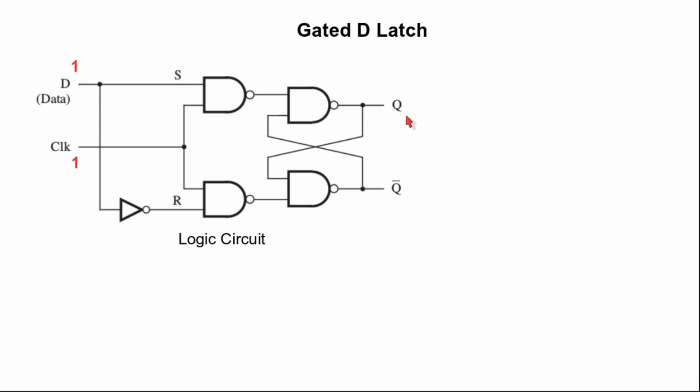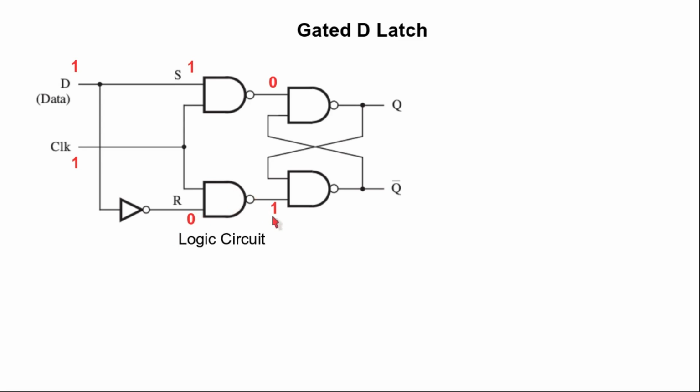Let's see what will happen for D input equal to 1. When D input is equal to 1, the S input will be equal to 1 and your R will be equal to 0, because R is the complement of D. And now the output of the first NAND gate will be 0 because both the inputs to this NAND gate are 1, whereas the output of the second NAND gate will be 1 because one of the inputs is 0.